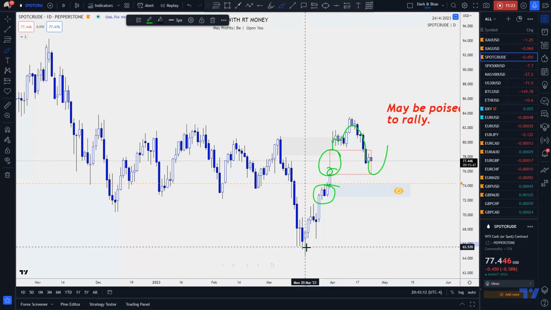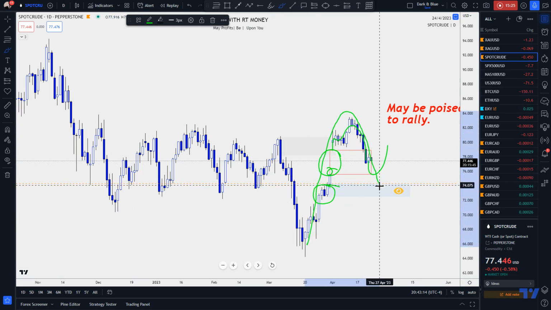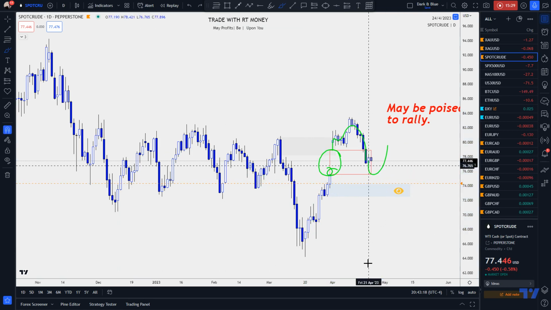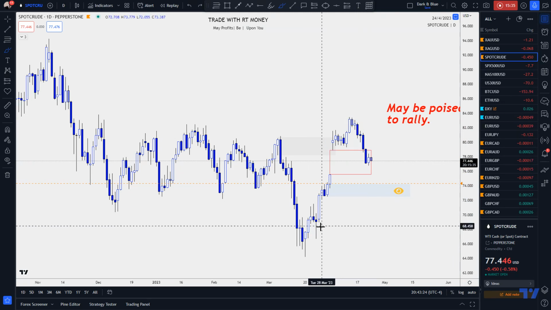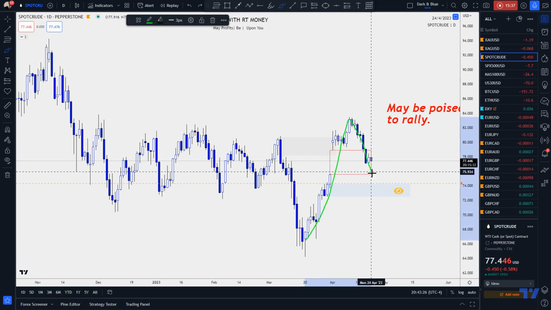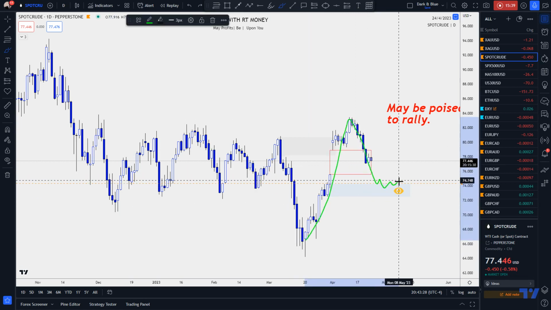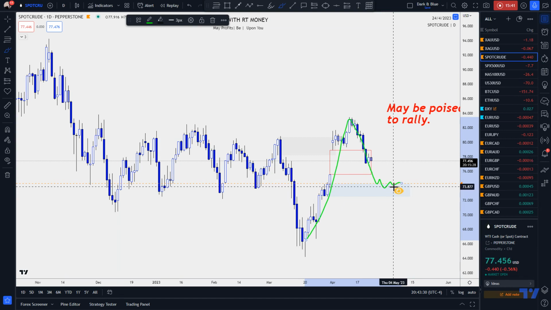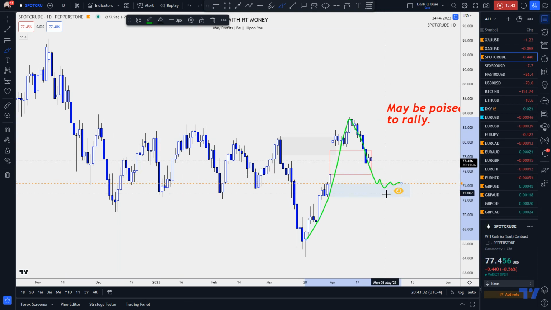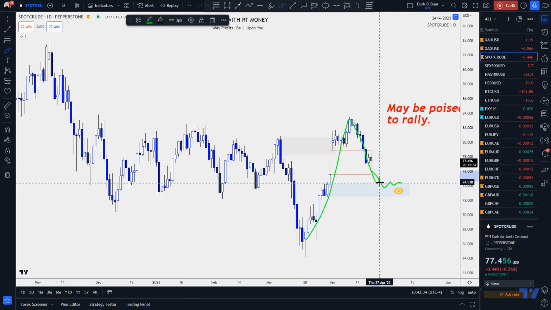This is like a 50% pullback here, and we can continue higher, and that's what you would expect at the very least, a 50% pullback of any impulsive move. The correction should come back about 50%, maybe to the golden ratio of 0.618. That would be even better. But I have an alert here, and I'm going to watch this area.